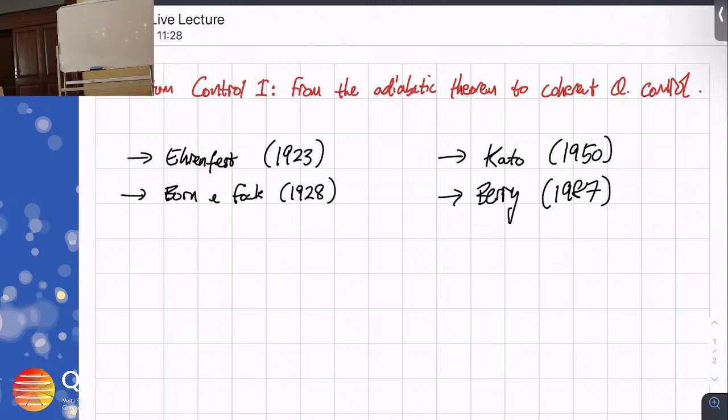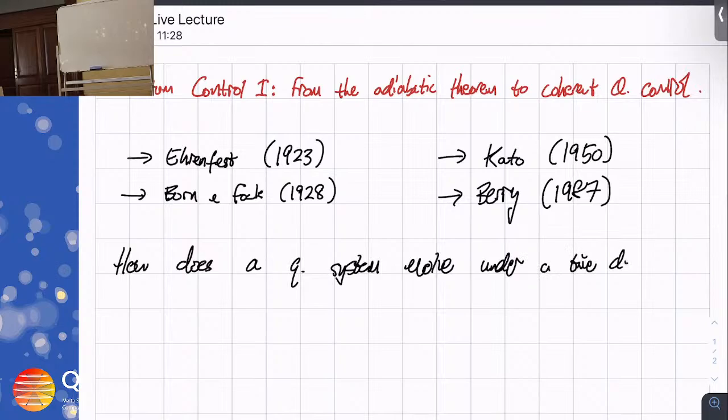Okay, so my question is, how does a quantum system evolve under a time-dependent drive? And to answer that simple question, we essentially need two ingredients.